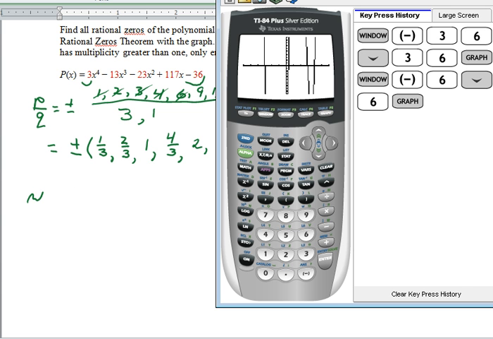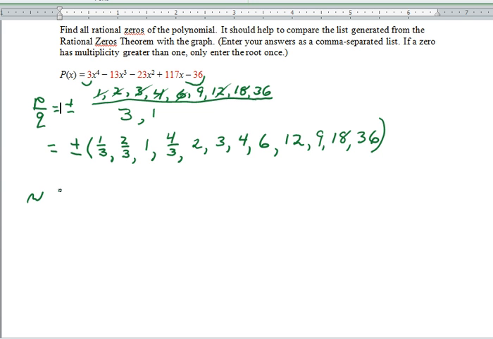So the ones that deserve further examination, at least in the beginning, look to be -3, 1/3, 3, and 4. Now, we don't know that those are the exact zeros, but there are zeros close to those numbers. We can use synthetic division to verify that these are the correct numbers.